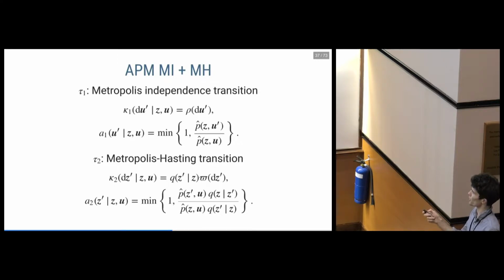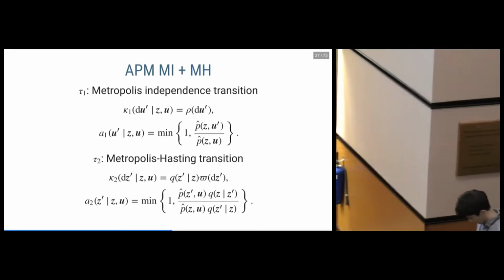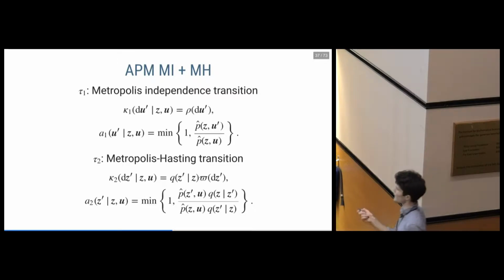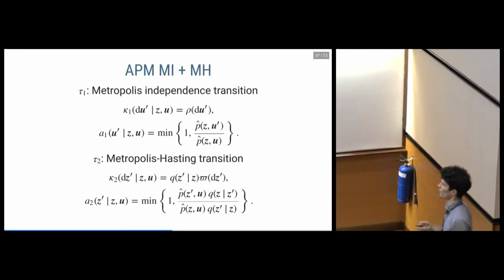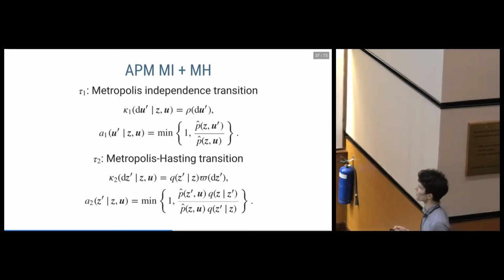Once in this Metropolis independence transition, one new evaluation at these new U variables, and then again in the second Metropolis Hastings transition on the Z's at the new Z values. So if this is the key cost in our algorithm, then we've introduced this factor of 2, and it's not clear we really buy anything from this.